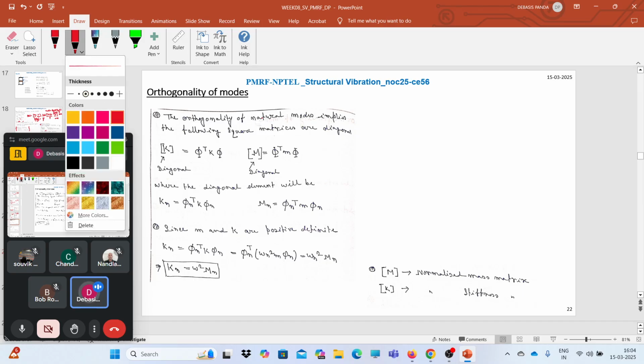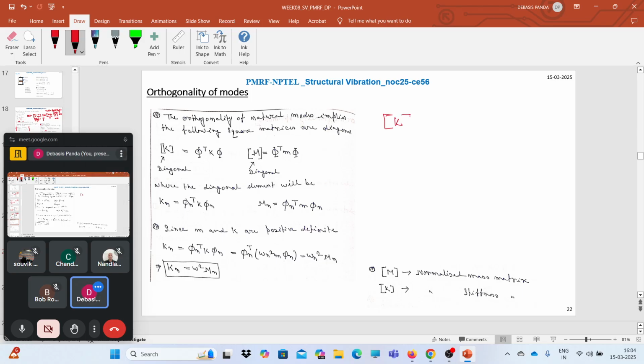So the first property is the modes are orthogonal to each other. That means that K matrix, the modal stiffness matrix, will be diagonal. That means we started with a coupled matrix where we have seen that off-diagonal terms are not zero.